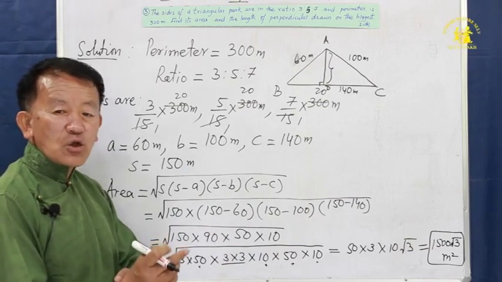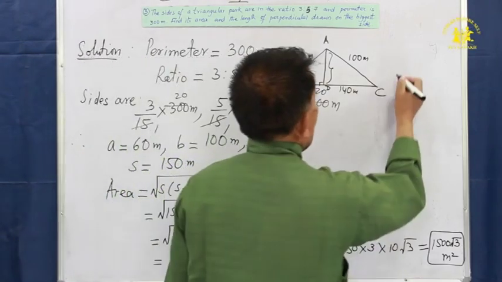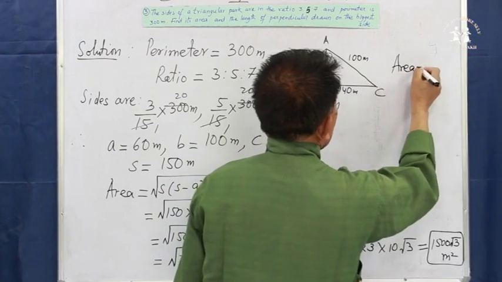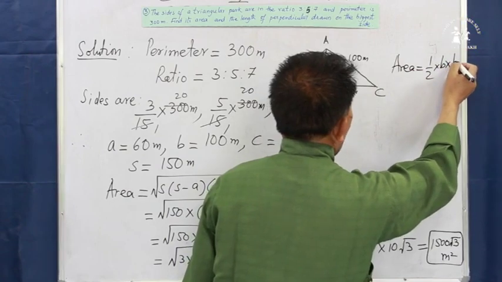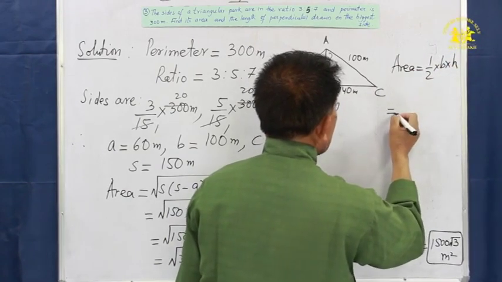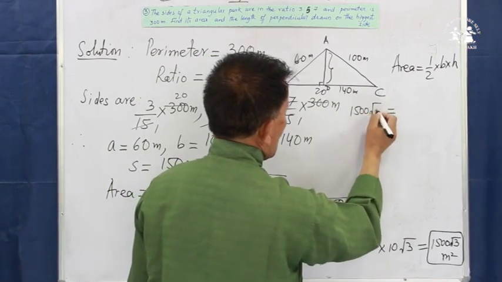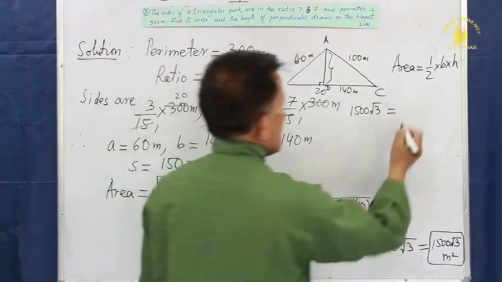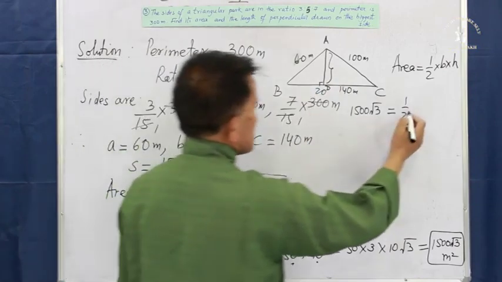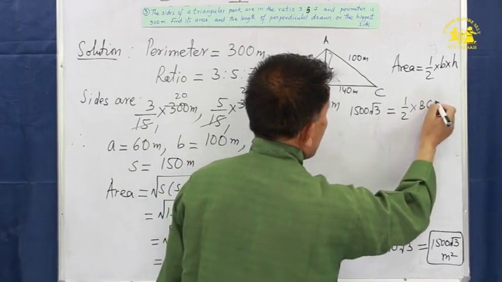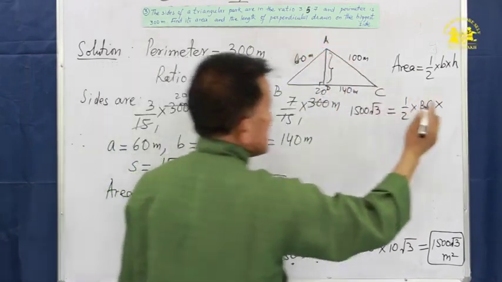Area of a triangle is equal to half into base into height. So in this case, 1,500 square root of 3 is equal to half into the base BC into the height, which we want to find, AD.